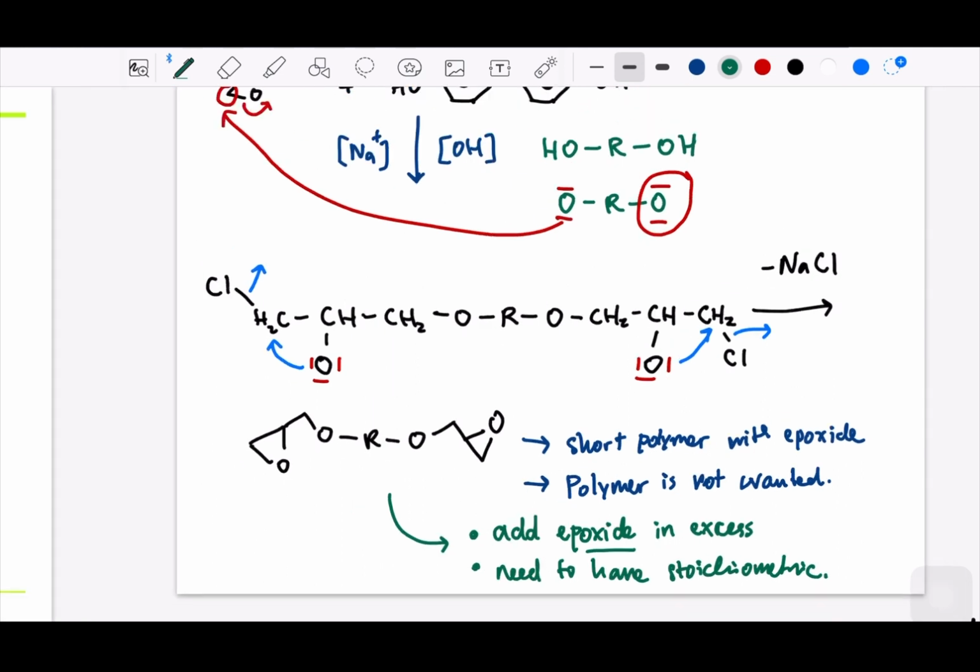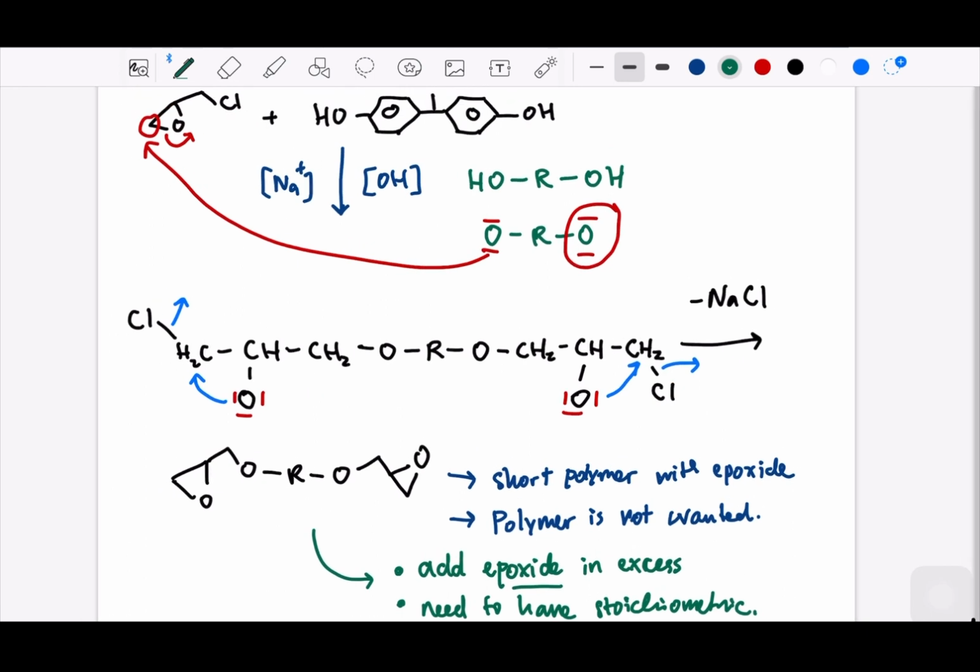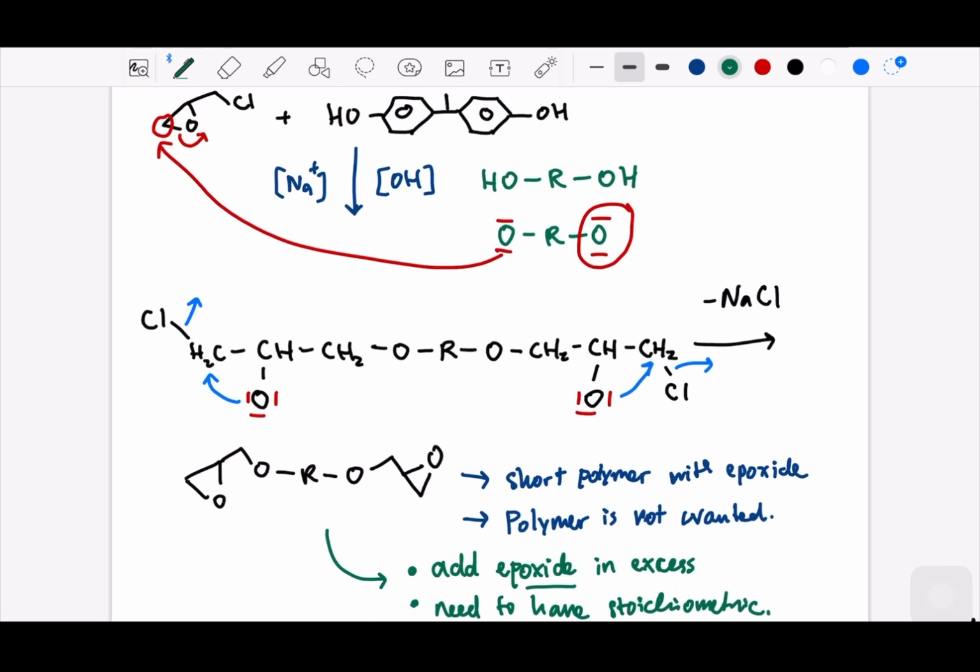But anyway, this is the pre-polymer. Let me write here the pre-polymer that has the epoxide.